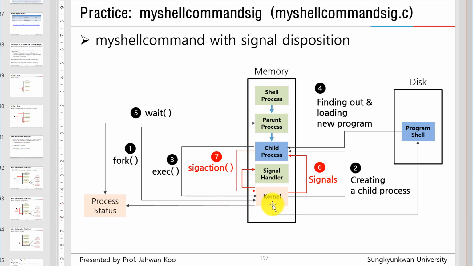Step 6. An event occurs. The kernel sends a signal to the process. Step 7. The child process uses the sigaction system call to set the signal disposition. Step 8. The kernel calls the signal handler.